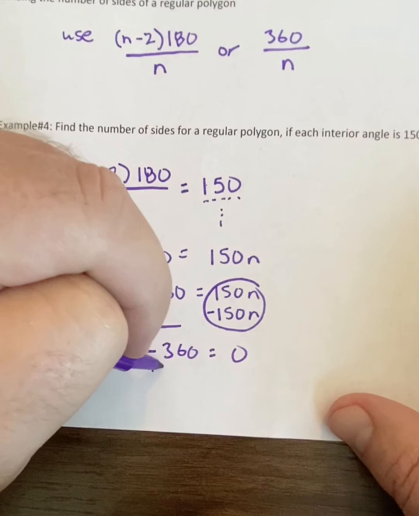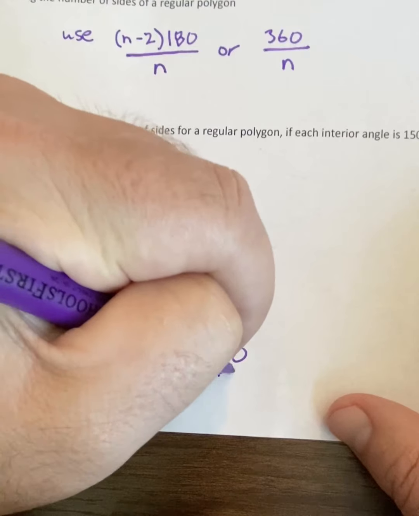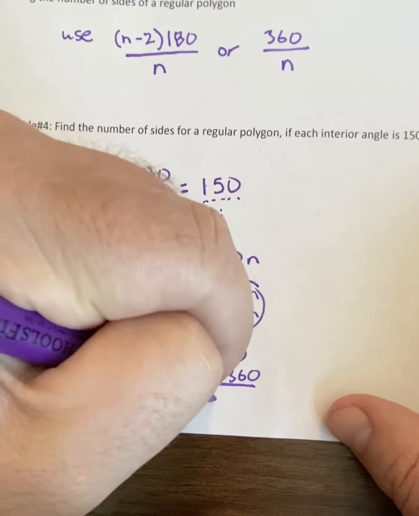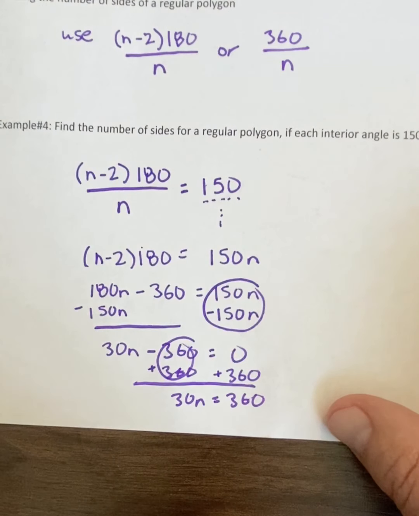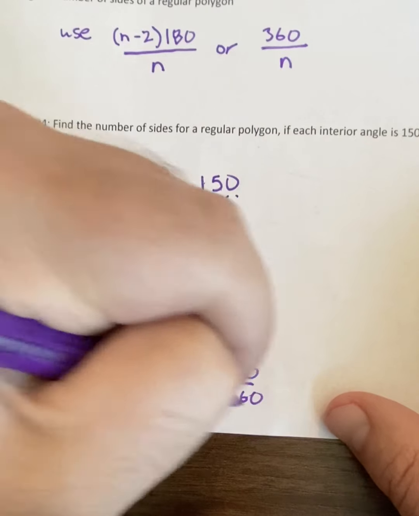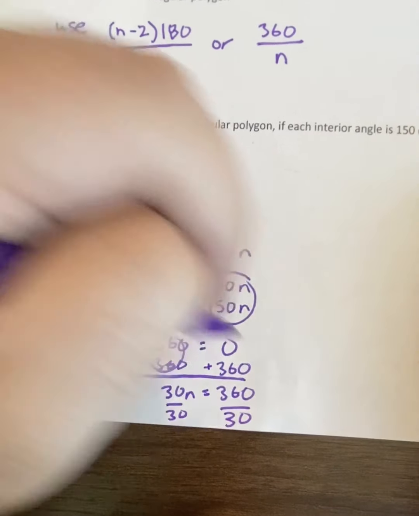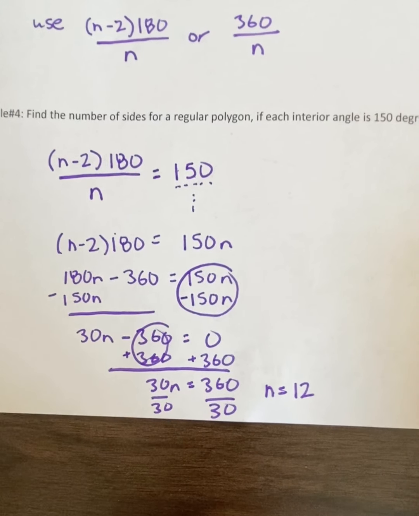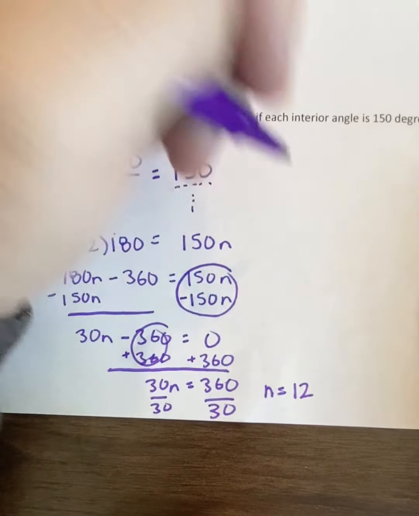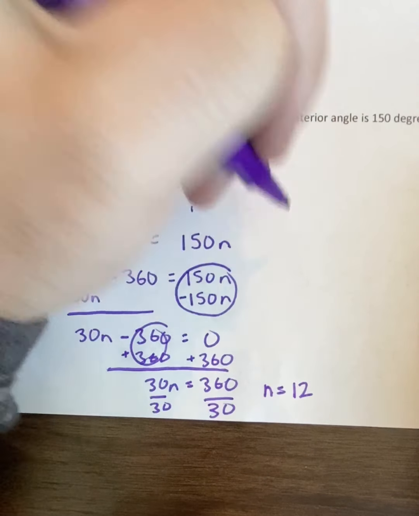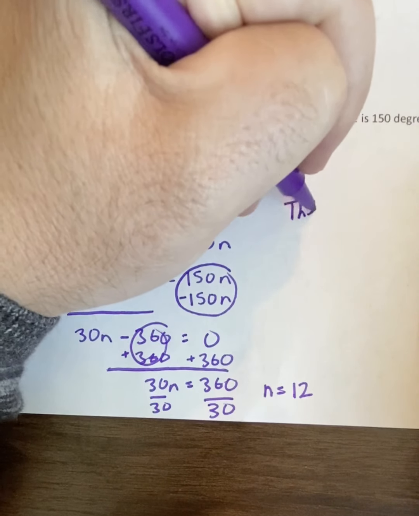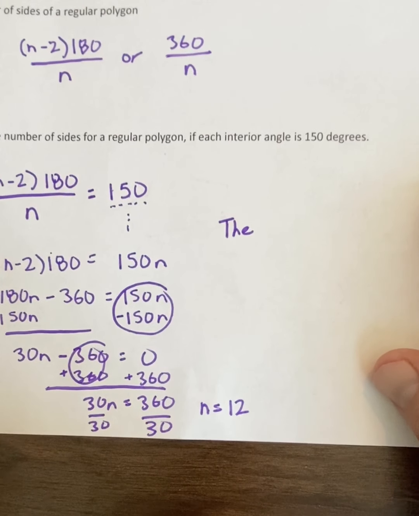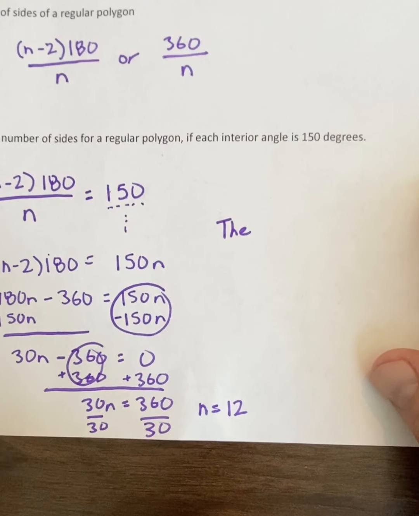Add 360 to both sides. 30n equals 360, and then divide by 30. And so n is equal to 12. And so this regular polygon has 12 sides. I believe that's a dodecagon.